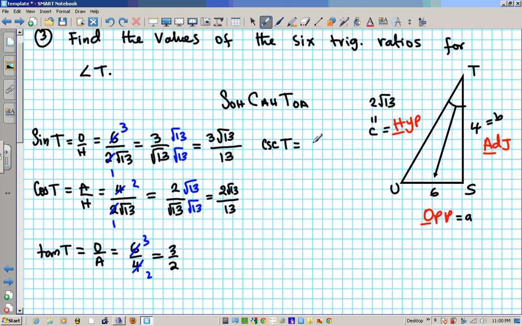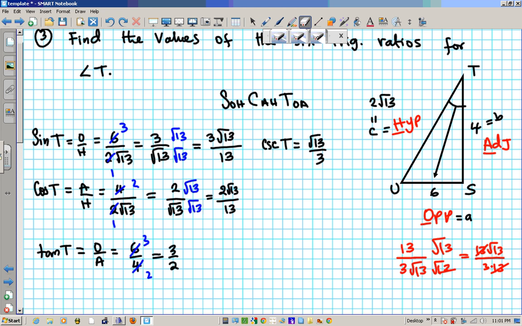So if I reciprocate this, I'm going to have root 13 over 3. And I'm done. But if I reciprocated this, I would have had 13 over 3 root 13. And I'll have to do root 13, and then 13 root 13 over 3 times 13. Cancel, and then I'll end up with that, which is too much work. So why don't I just take the one that does not require rationalization, because when I reciprocate this, the square root goes on the top.